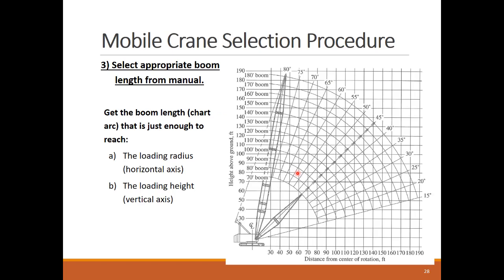The third step is to select the appropriate boom length for the load that will be lifted. This is done by using the lift working height and radius to identify the boom length using the boom chart of the crane. For example, if a crane rigging operation involves a lift height of 140 feet and radius of 90 feet, the shortest boom length to satisfy these work conditions is a 160 feet boom.